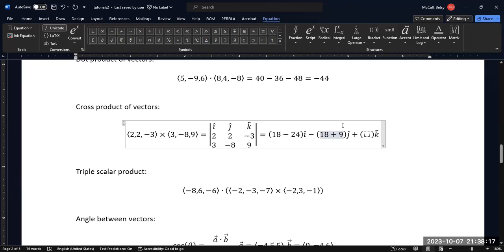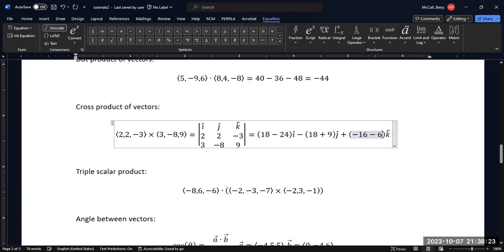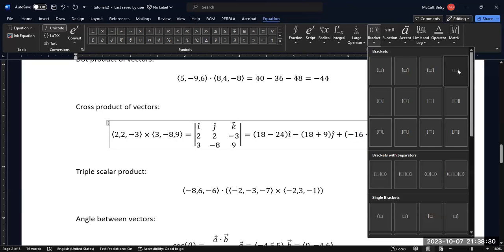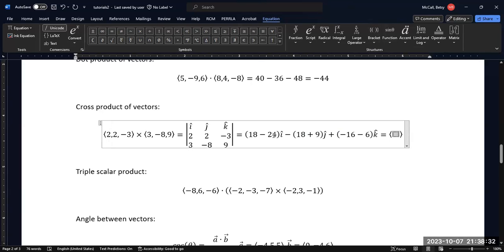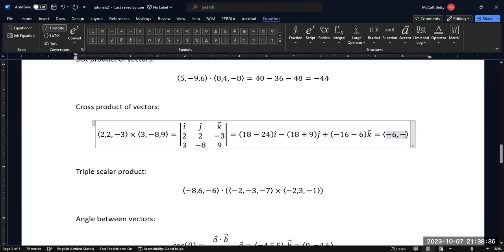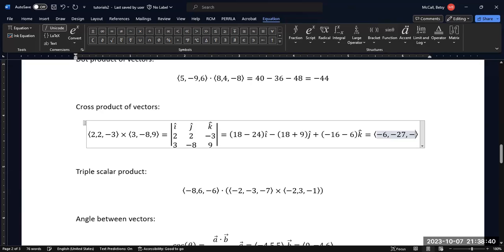So this is 2 times -8, which is -16. And then -3 times 2, which is 6. And so what we end up with in the end, if we go back to the angle bracket notation, this is going to be -6. And this is going to be -27, and then -22.